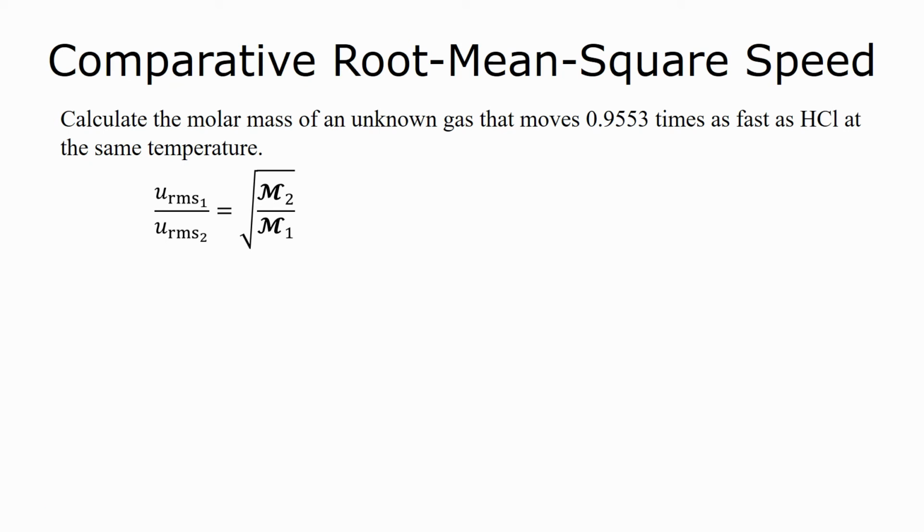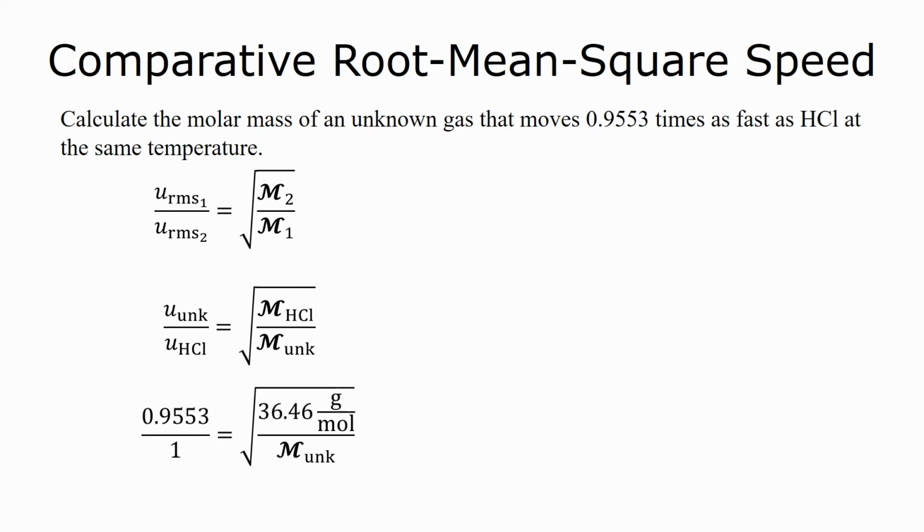And also, what does it mean to move 0.9553 times as fast? Well, again, this is a ratio if we think about this. We are comparing, and arbitrarily we're going to put the unknown on top and the speed of HCl below. What this means is that if HCl is moving at a speed of 1, that means that our unknown gas is moving slower.